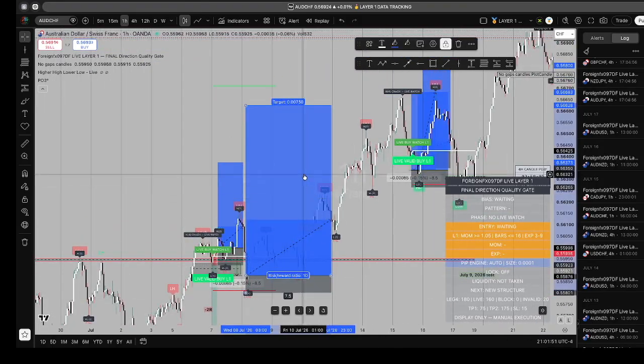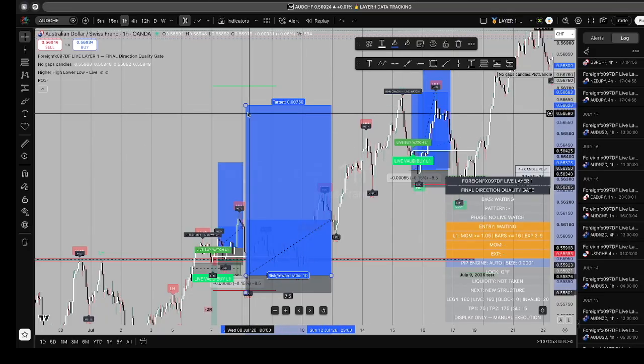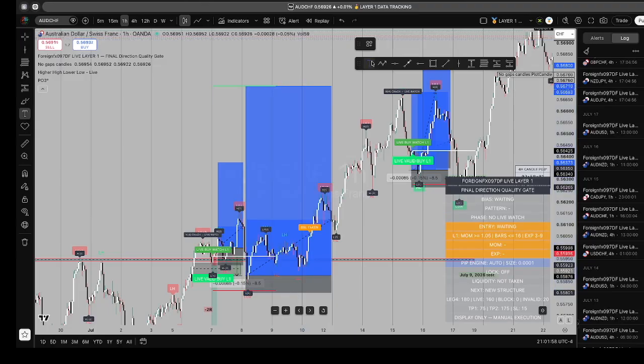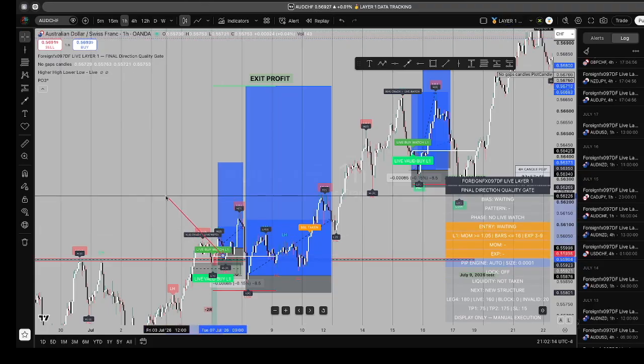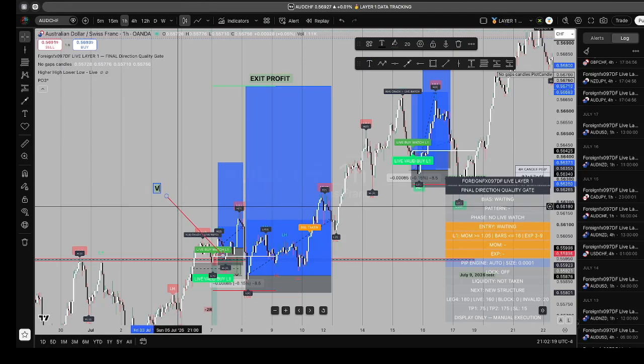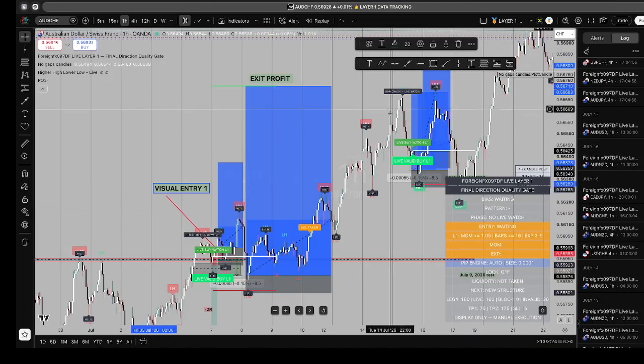For this particular trade, we're going to use this again for example. So right here, this would be exit profit. The green line is exit profit. Then I'm going to put an arrow, stretch it out, and that would be our visual entry, which is entry one.